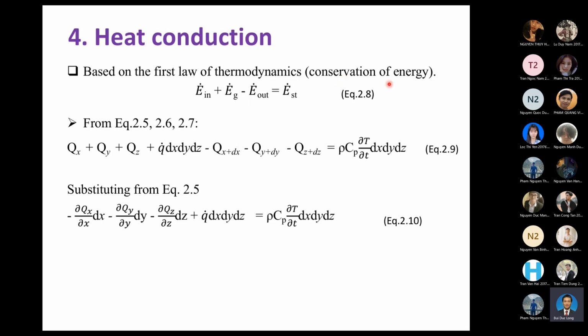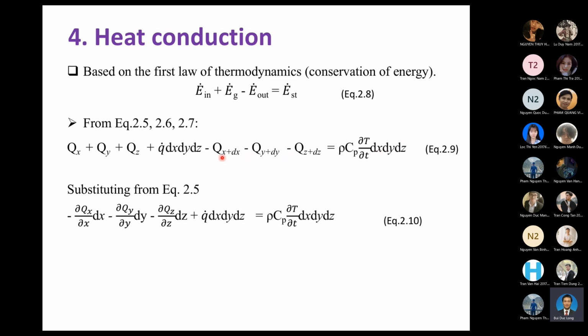So from equations 2.5, 2.6, 2.7, we have qx plus qy plus qz, plus the energy generated in the system, minus the energy out of the system, equal to the energy stored in the system.